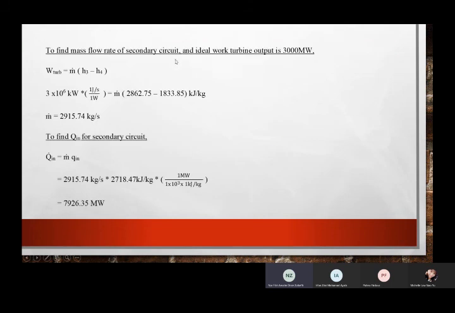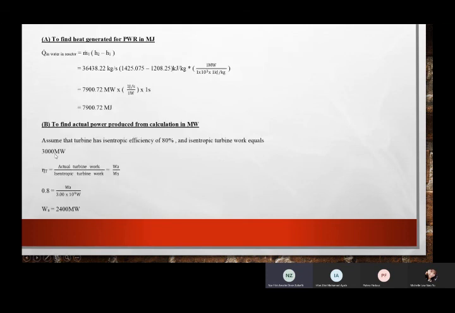To find the mass flow rate of the secondary circuit and the ideal work turbine output, which is 3000 megawatt, we use this formula to get the mass flow rate of the secondary circuit. In order to find Q in for the secondary circuit, we use another formula: Q in equals mass flow rate times Q in.